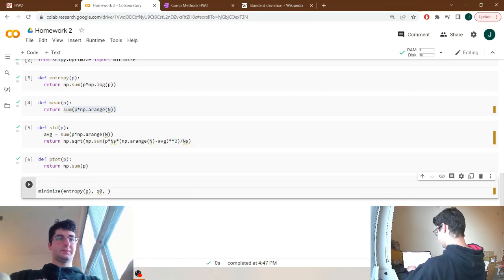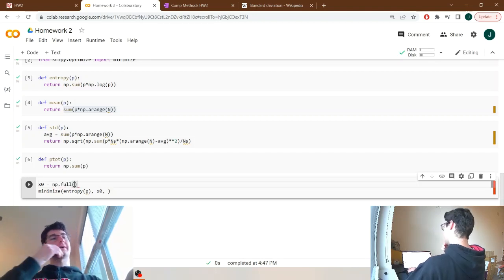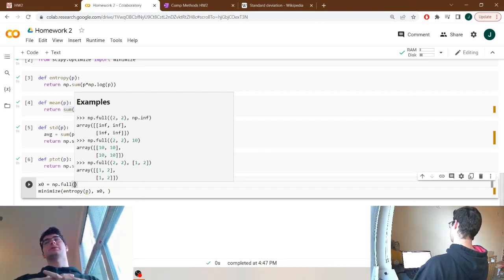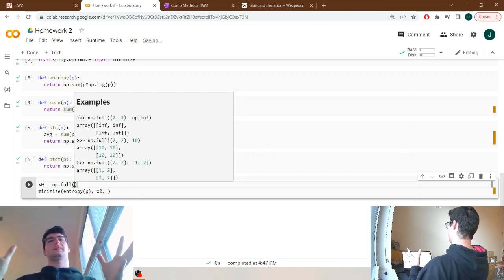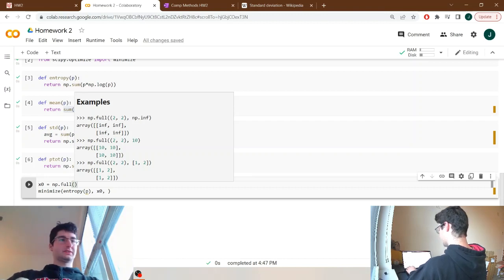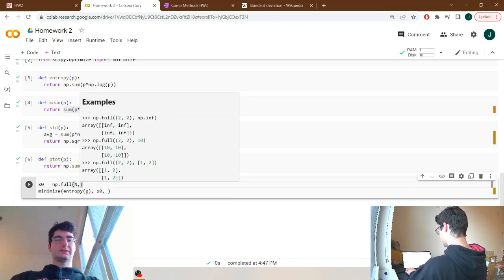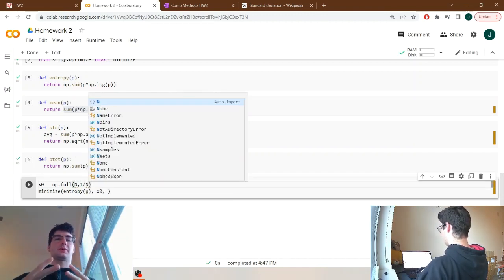Okay, so let's give our initial guess, which is just p dot full. Our initial guess is basically the probability just evenly distributed.